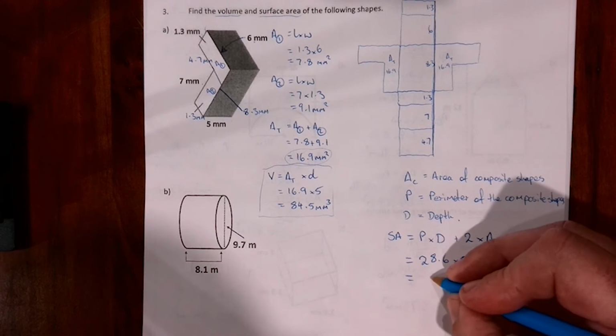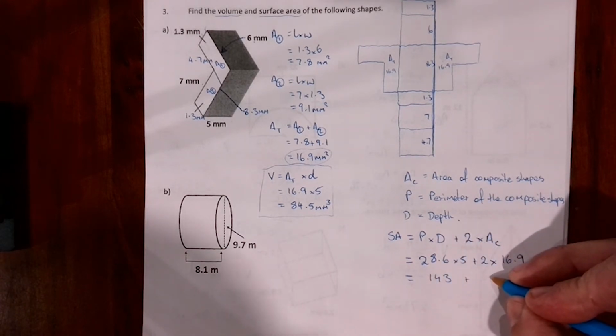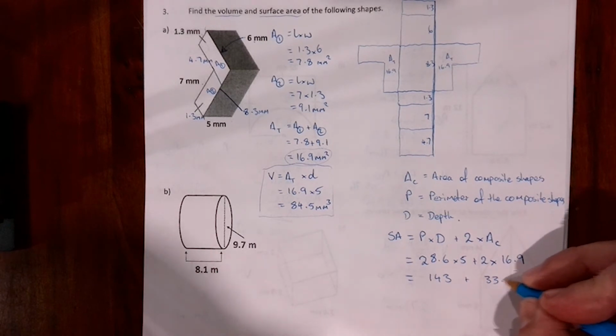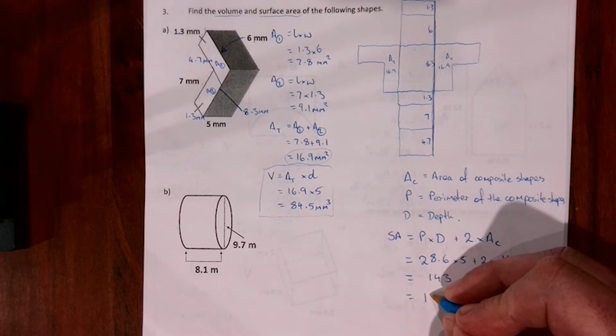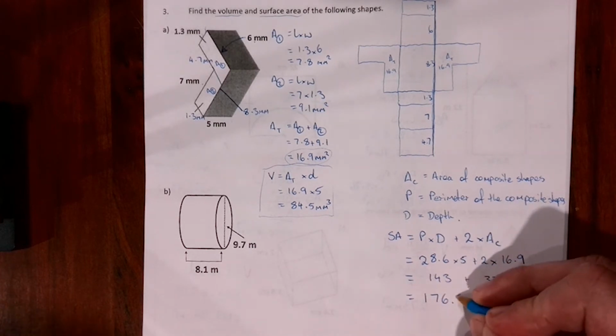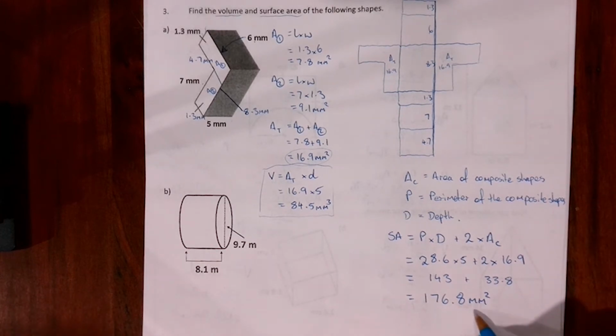It should give me 143 plus 33.8, and that will give us a grand total of 176.8 square millimeters. Now just again, remember the units. Surface area is an area, it's not volume, so this is as if you were planning to paint this shape or something along those lines, so make sure you get your units right.